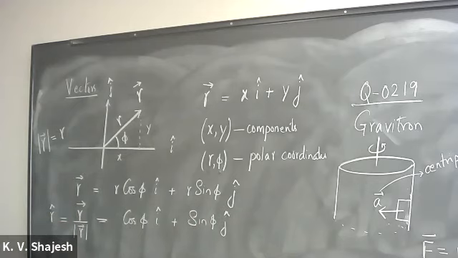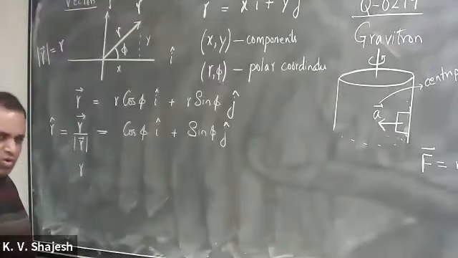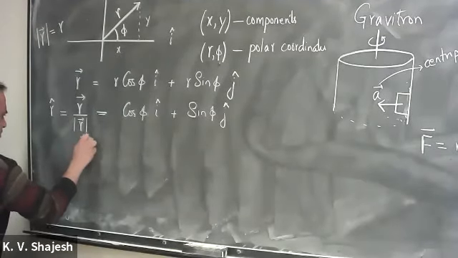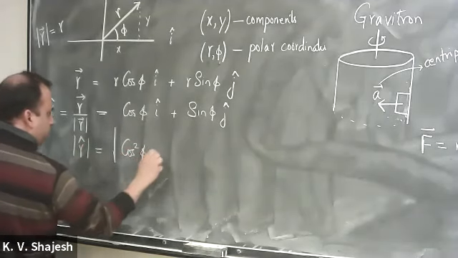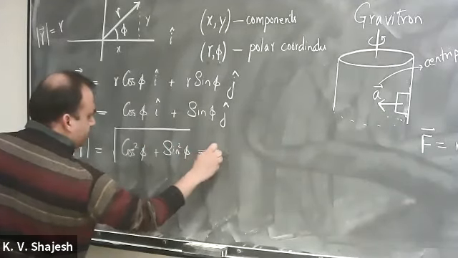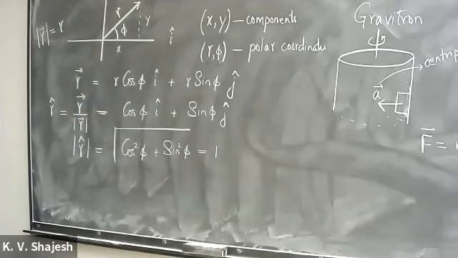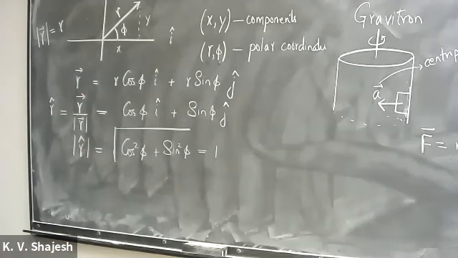What is the magnitude of r hat? That will come out to be cosine squared phi plus sine squared phi, which we know will always be equal to 1. So even though we did this for a very special vector, in general, for any vector, I can define its direction by its vector divided by its magnitude. That's the idea of a unit vector or the direction of a vector.